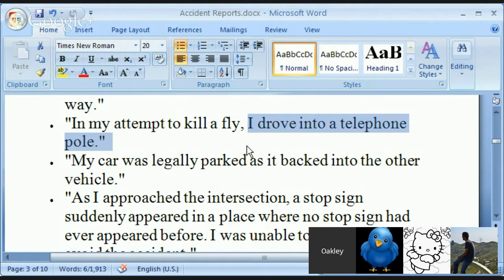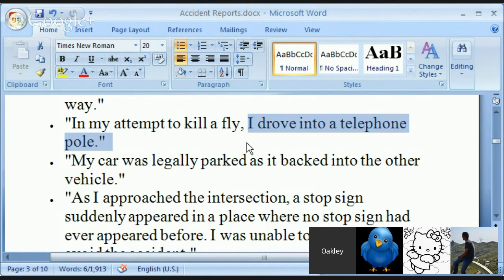Well, a combination. Maybe the fly was inside the car. He tried to kill the fly, then he left the wheel, then suddenly the car hit the telephone pole.